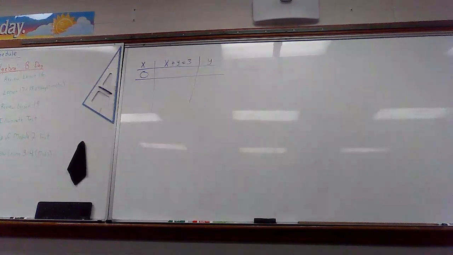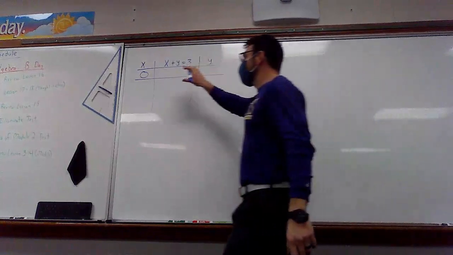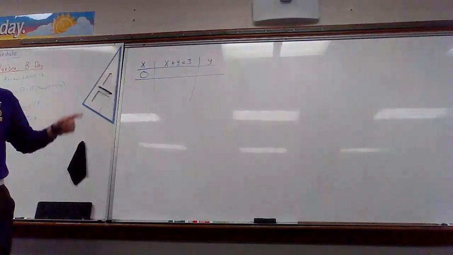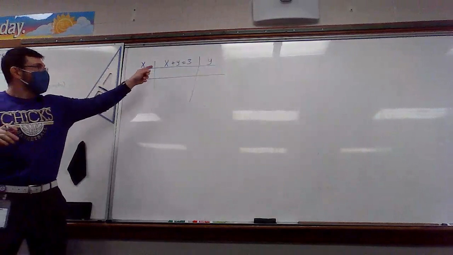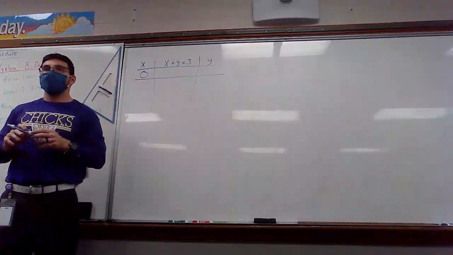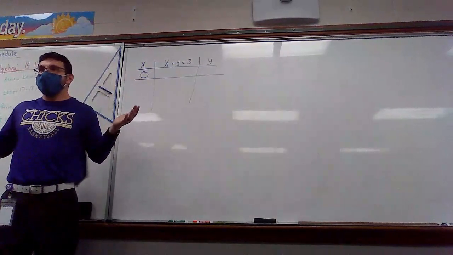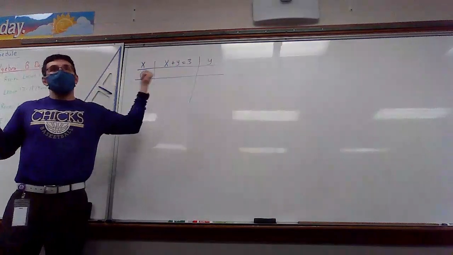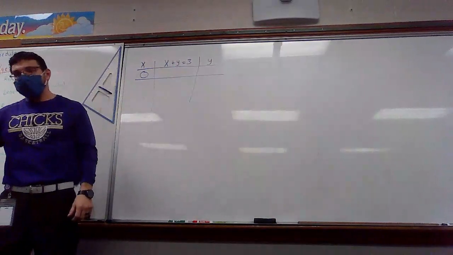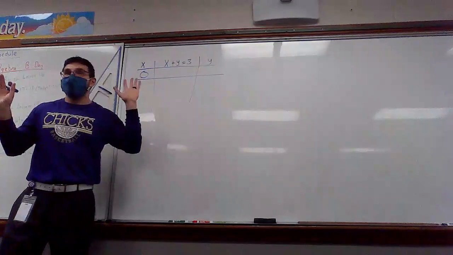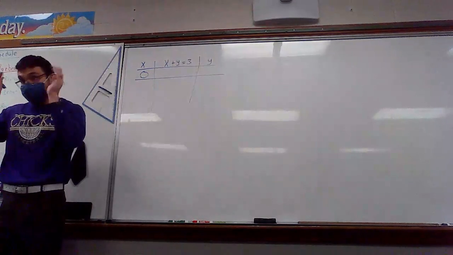Okay, so the reason why I can substitute in for x this time is, do either x or y have a different coefficient? No, they're both 1, right? So when they're the same, I substitute in for x. Keep that in the back of your mind. When x and y have the same coefficient, I just substitute in for x.